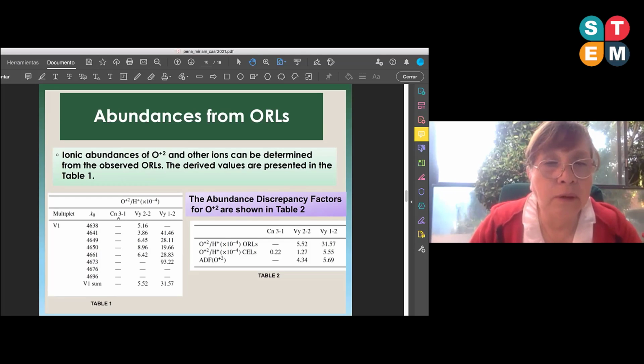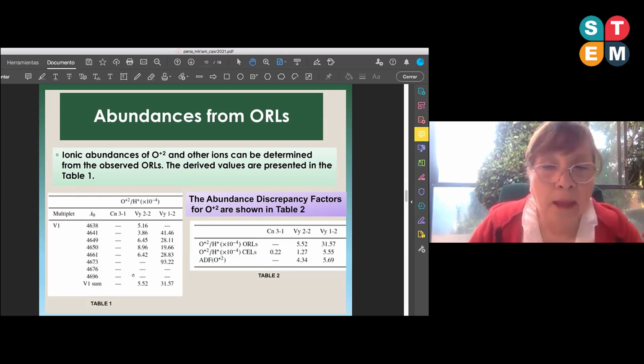You can see that we cannot derive the abundances from optical recombination lines for CN31, but we did it for BY22 and BY12.